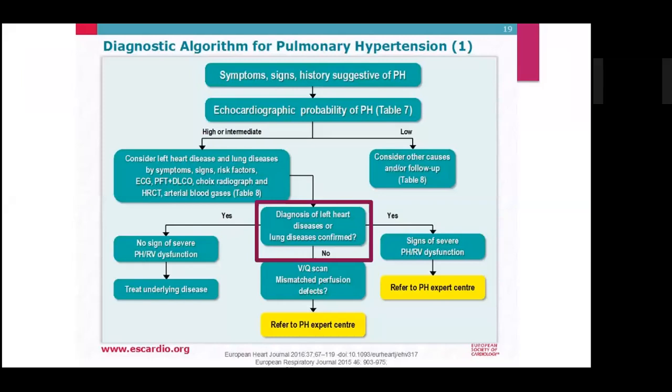The exclusion of chronic thromboembolic pulmonary hypertension, or CTEPH, is crucial, as this patient, when treated appropriately with pulmonary thromboendarterectomy, can return to a normal pulmonary circulation and can have a normal pulmonary artery pressure. So it's very important to diagnose CTEPH, and if this patient is eligible for surgery, that surgery could be done.